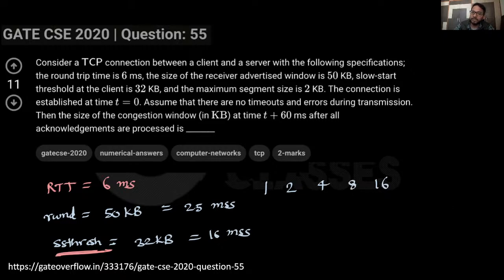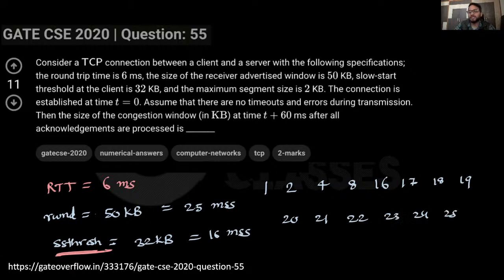Have you reached your slow start threshold? Yes. Since you have reached your slow start threshold, after 16 you will be going to 17. You need to go up to 25. So 17, 18, 19, 20, 21, 22, 23, 24, 25, like that.